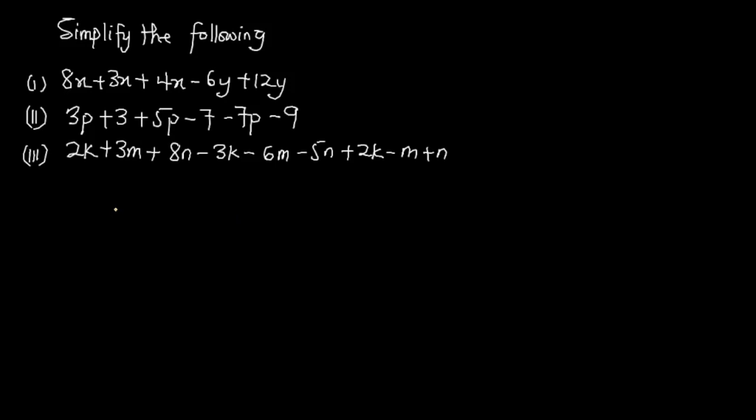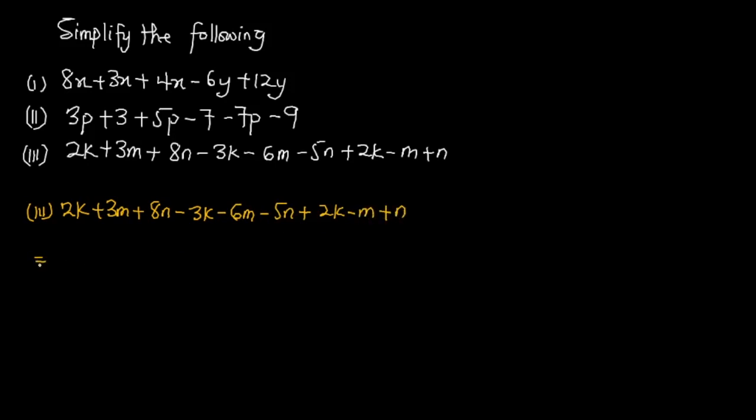Okay, so for the last expression, we have 2k plus 3m plus 8n minus 3k minus 6m minus 5n plus 2k minus m plus n.